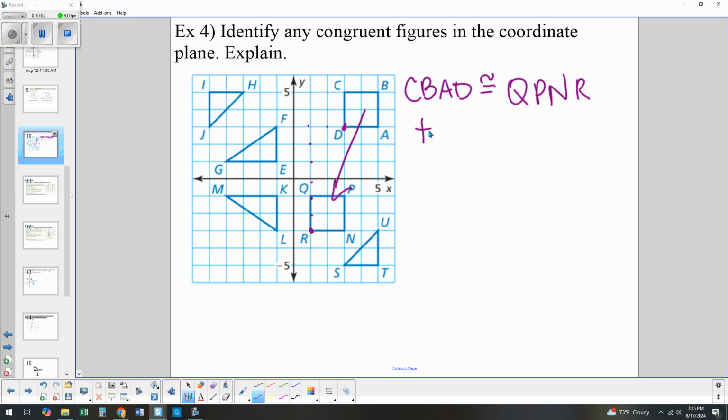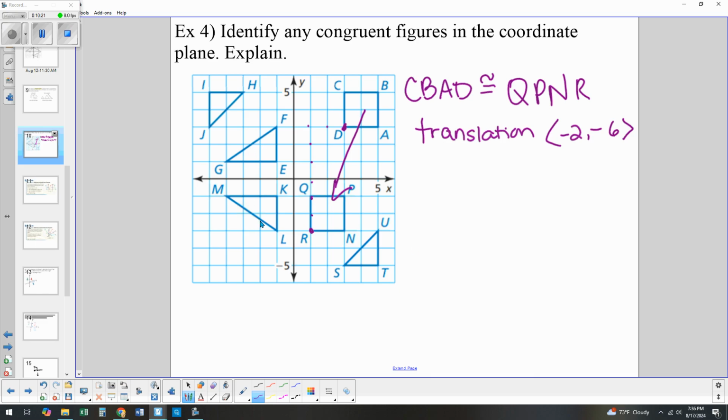So the reason they're congruent is because we can describe it as a translation back 2, down 6. I'm using a translation vector. You could use function notation if you'd like. I think this is the easiest way.